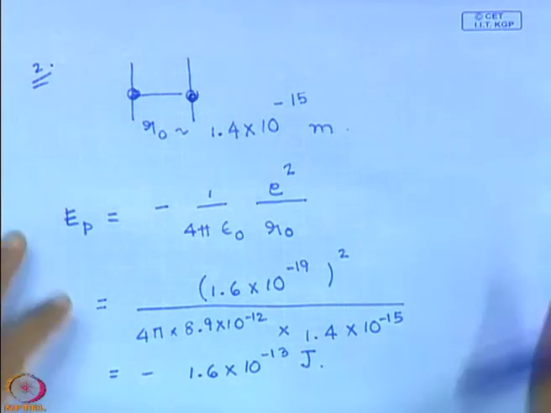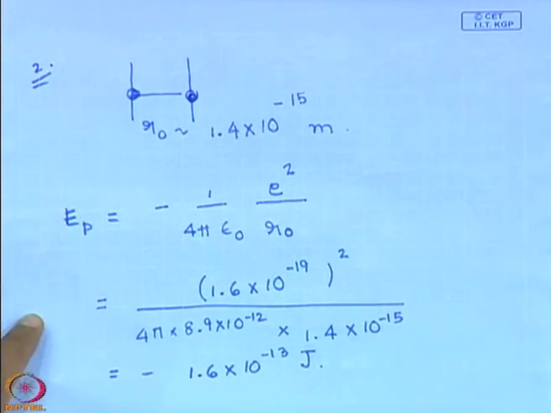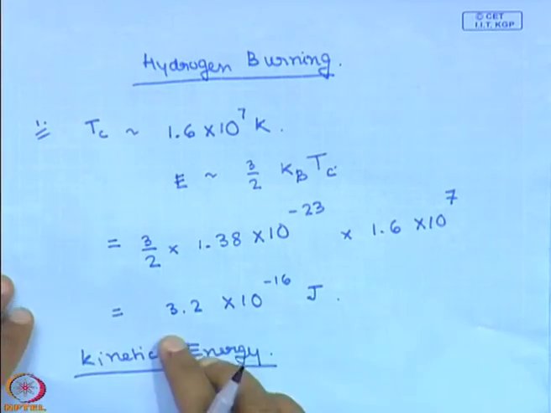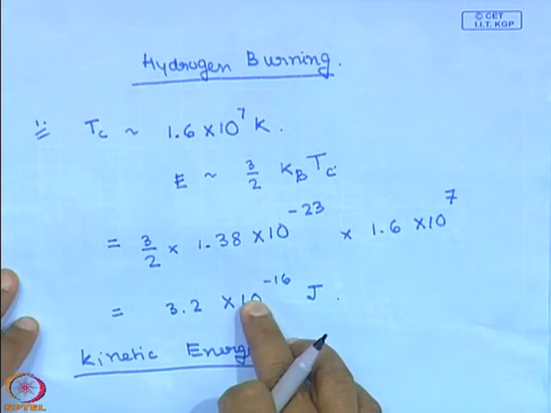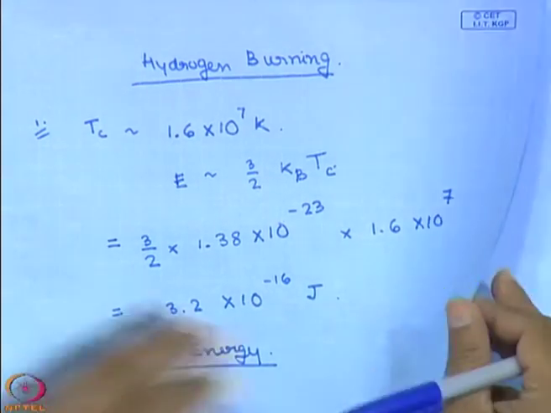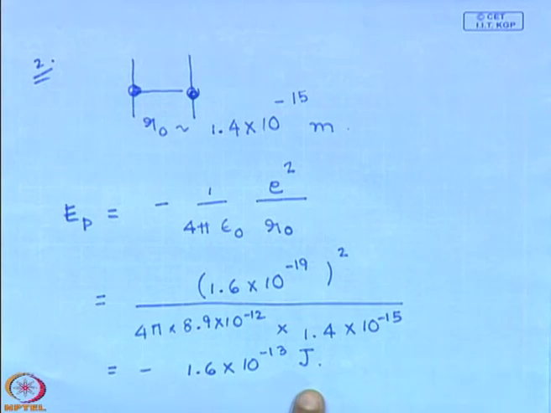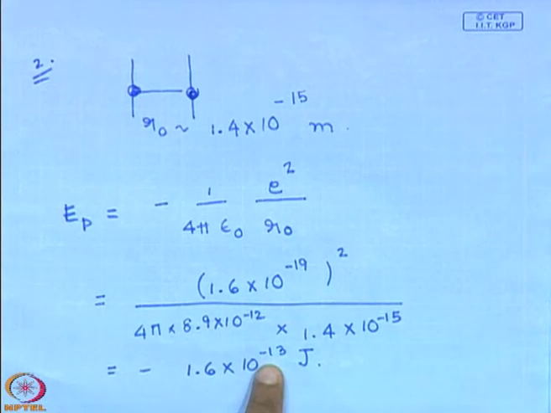So, this simple estimate, you can compare the typical kinetic energy is 10 to the power minus 16, whereas the potential energy is 10 to the power minus 13. So, the kinetic energy is roughly 1000 times less. This is the problem which I had mentioned earlier.